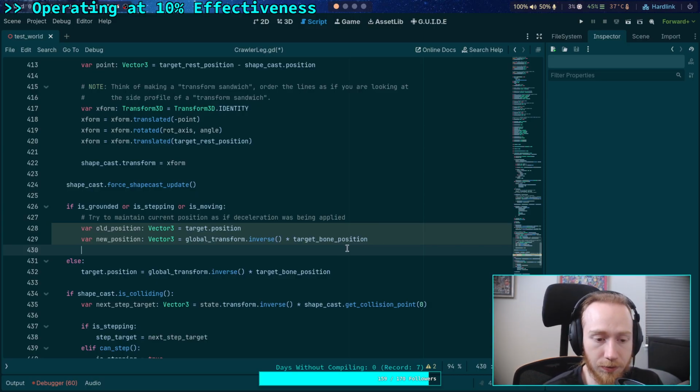So this difference times the state step, the smaller value between that and this step. How do I do that?